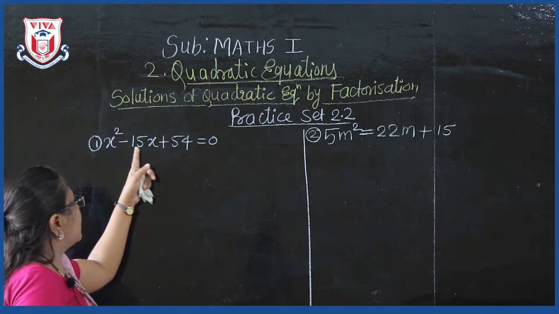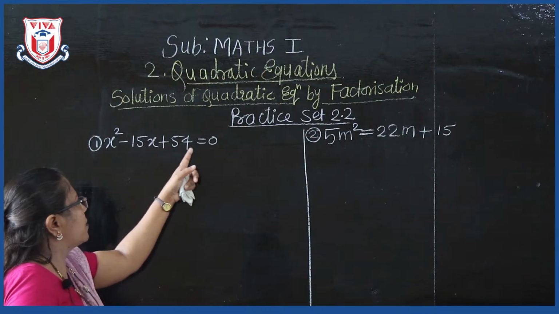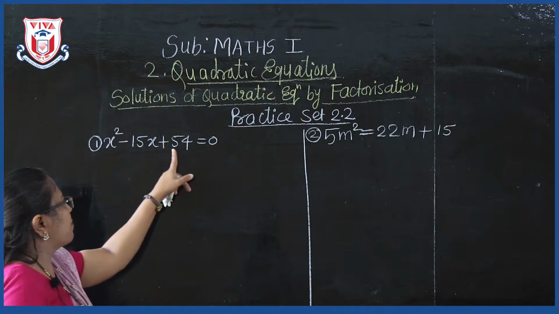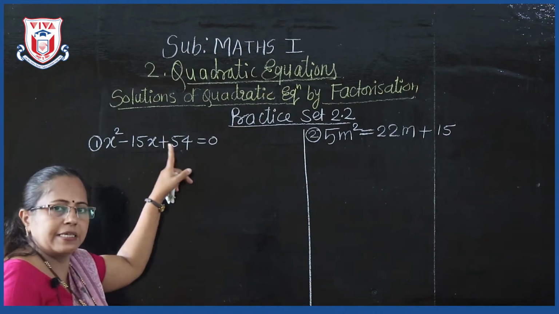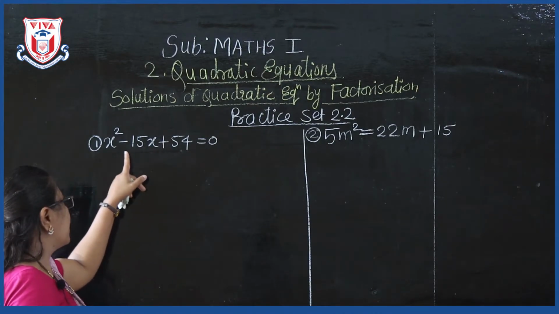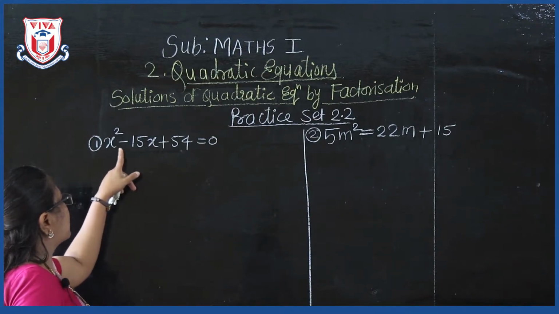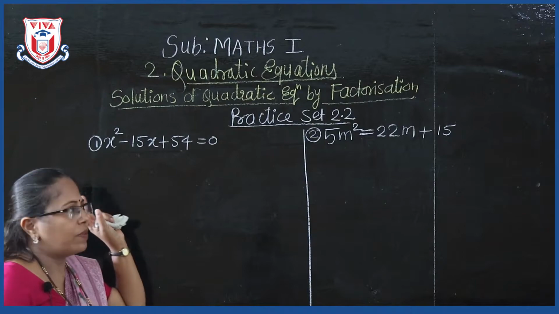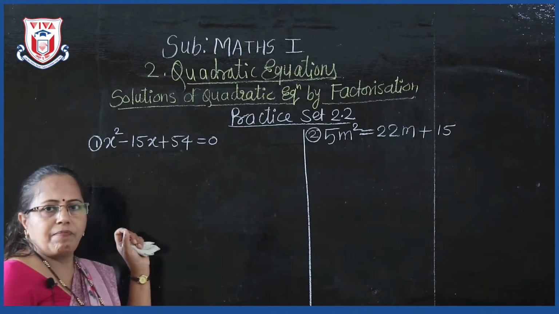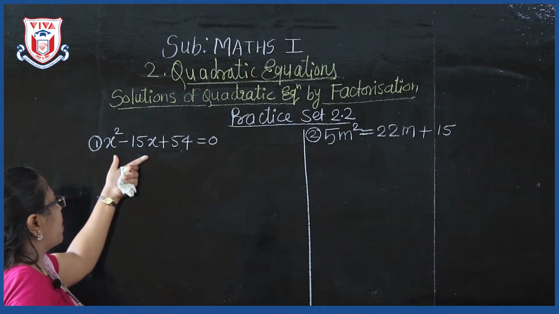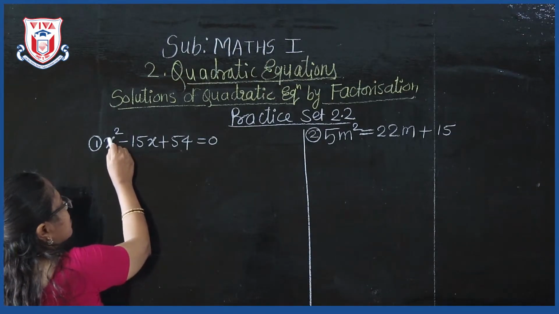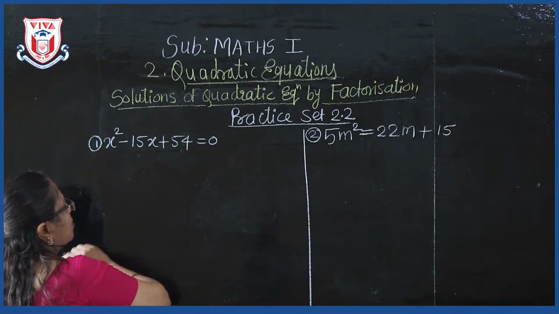x square minus 15x plus 54 is equal to 0. Now first compare this equation with the standard form. Is it given in standard form? Yes, it is given in the standard form ax square plus bx plus c equal to 0. Now to find the factors of this quadratic trinomial, we have to multiply the first term and the third term.